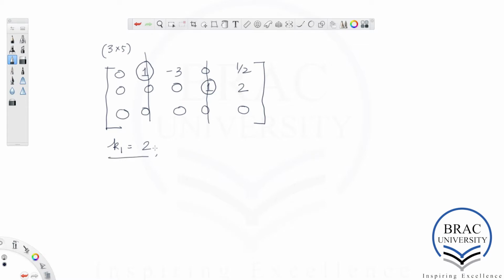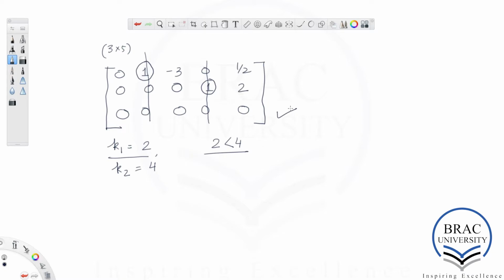And the leading one corresponding to the second row is appearing in the fourth column. So K2 is equal to 4. Since 2 is less than 4, we also have satisfied the third property of a row reduced echelon matrix. Therefore, this is a row reduced echelon matrix.